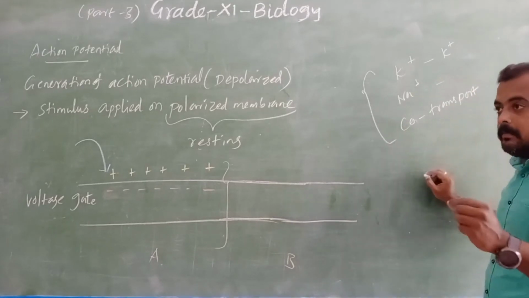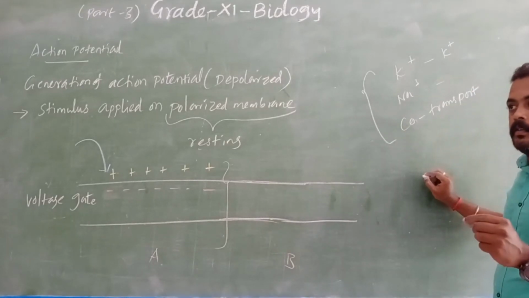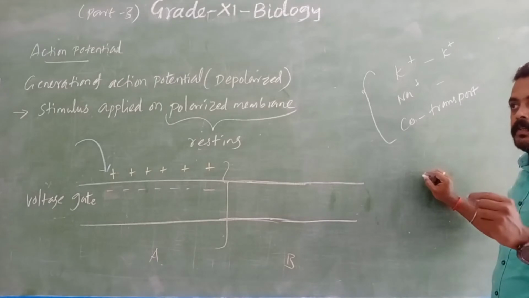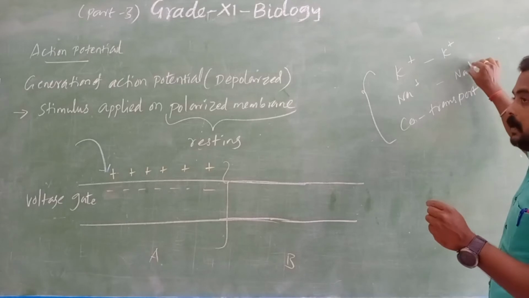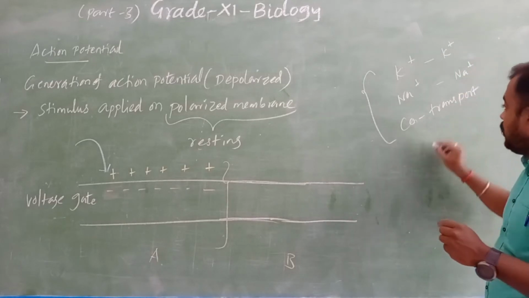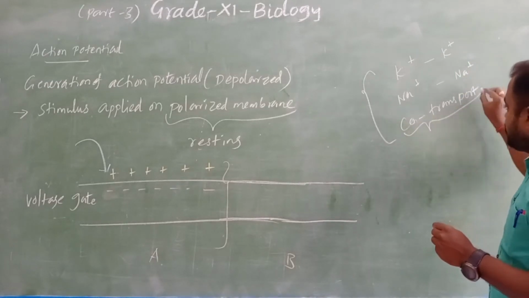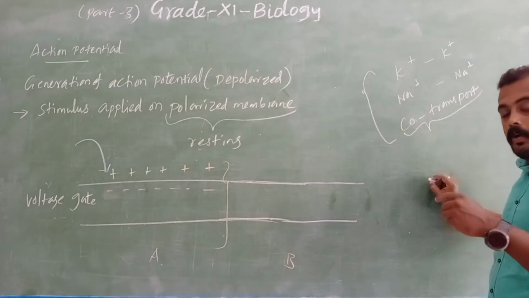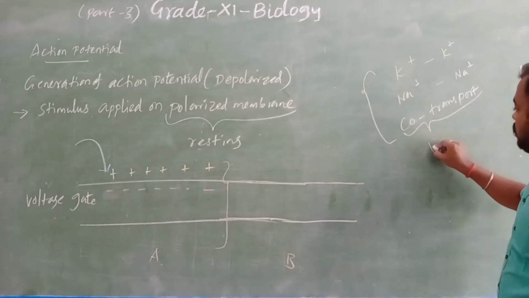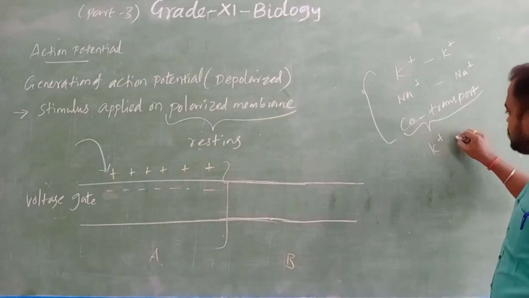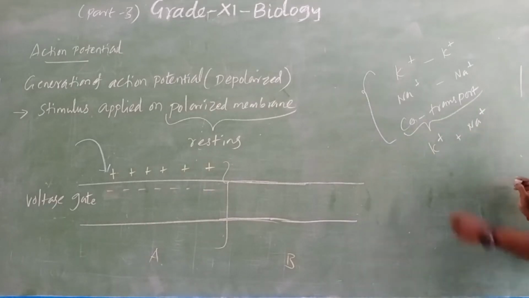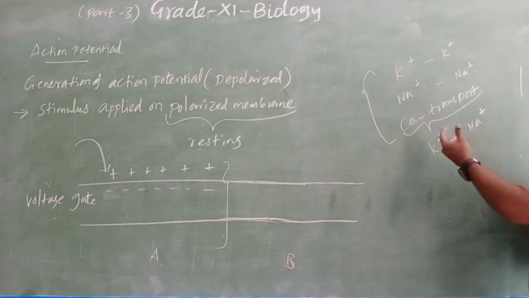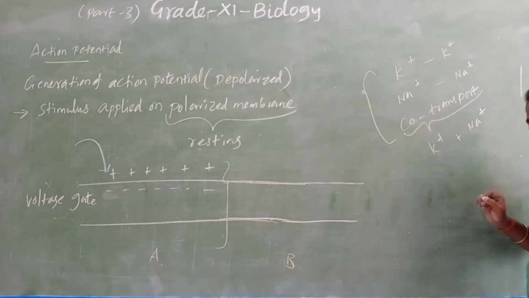The sodium ion channel allows only sodium ions, but the co-transport ion channel allows two materials, potassium ions plus sodium ions, so both ions are transferred.